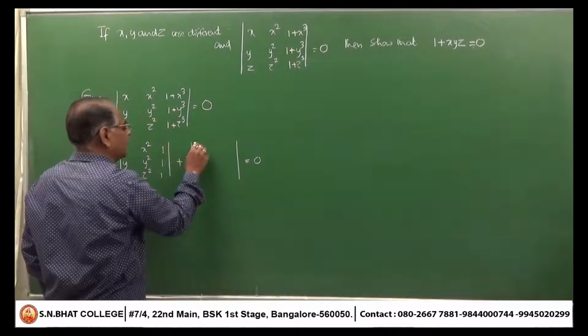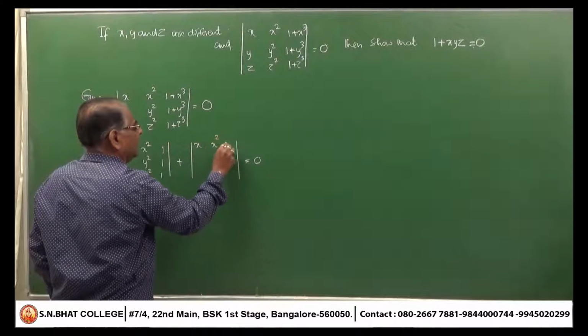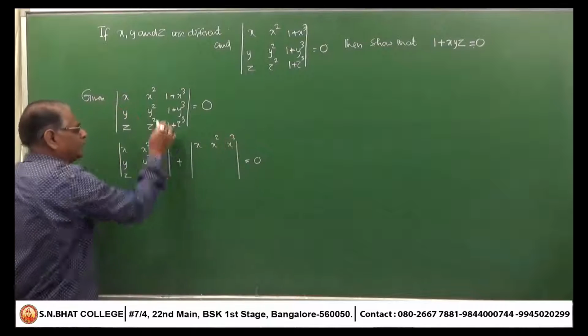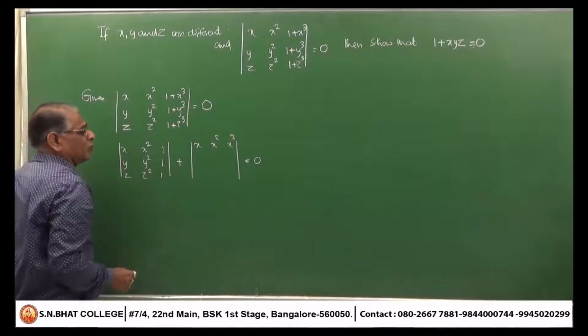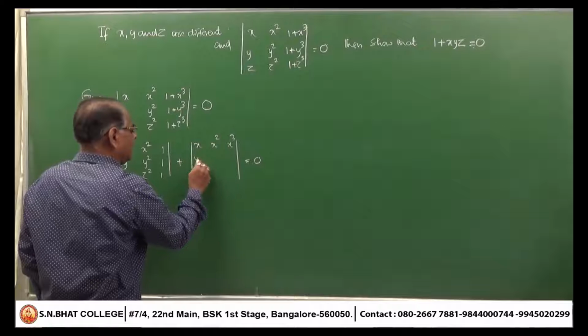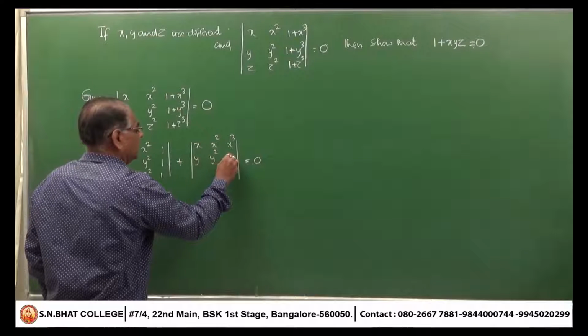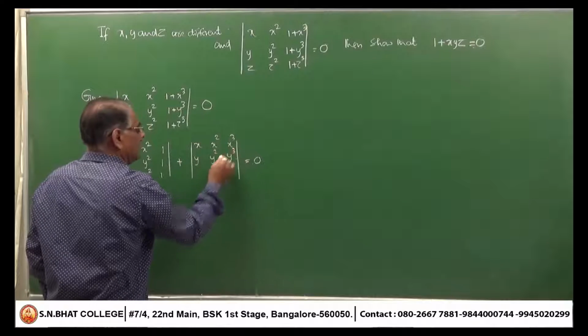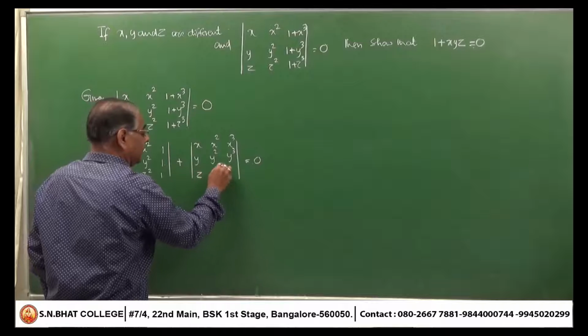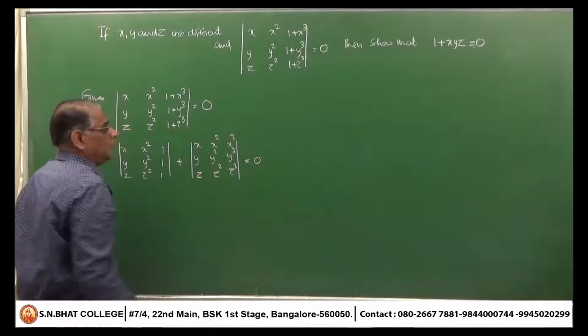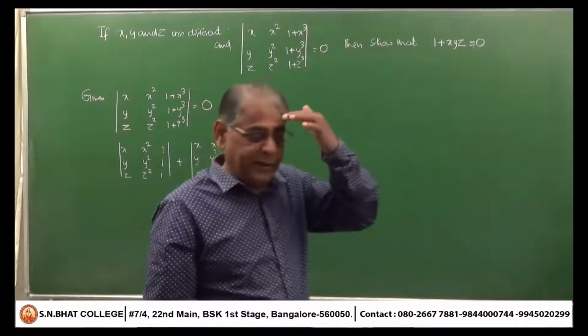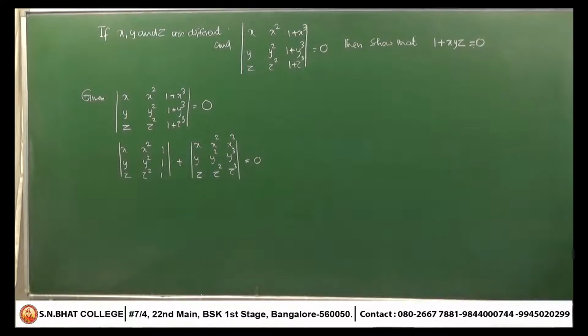First two columns are the same: x square, y square, z square, and the second column is 1 in the first and x cube, y cube, z cube in the second. In a determinant, if the elements of any row or column are a sum of two terms, then the determinant can be expressed as a sum of two determinants.